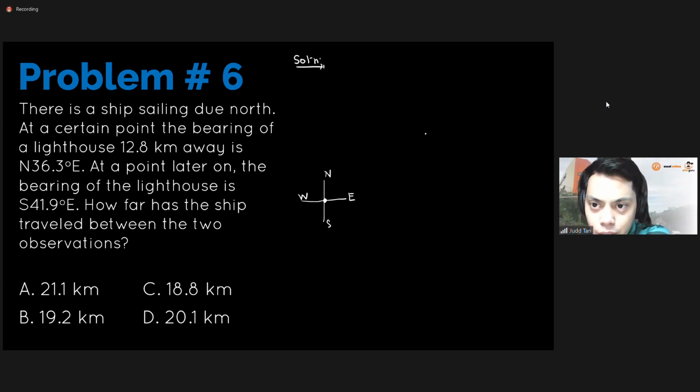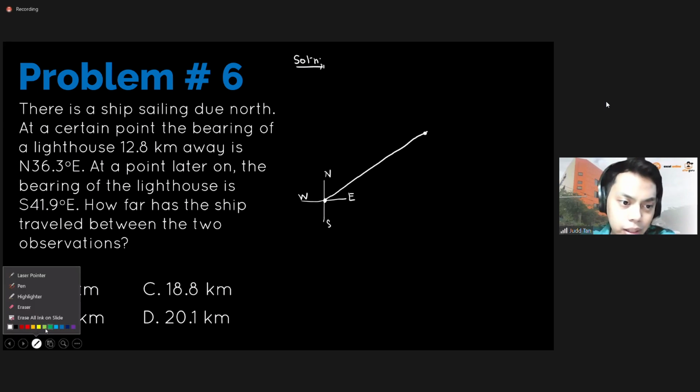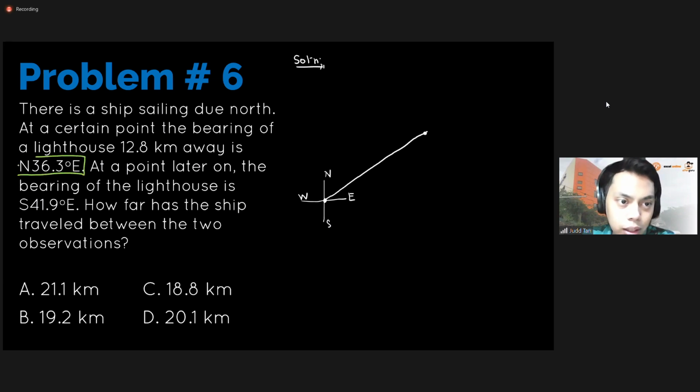There is a lighthouse somewhere na yung location niya is or yung bearing niya is this one. Bakit natin nasabi na dito po siya na direction? Ano ba ibig sabihin ng N 36.3 degrees east? Ano ba yung notation na to?